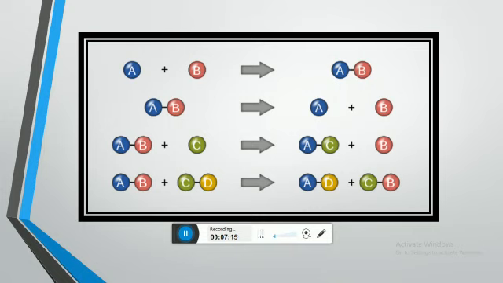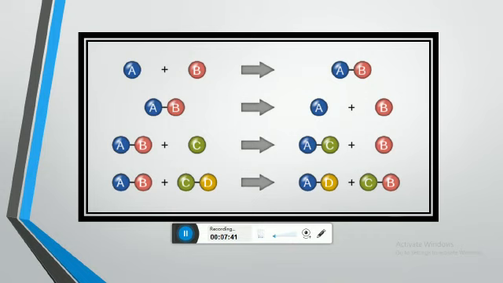Now move towards the fourth one, double displacement reaction. AB is one compound, CD is another compound. When they react chemically, look, A is combined with D and B comes along with C. It means D goes one way and B goes another way.